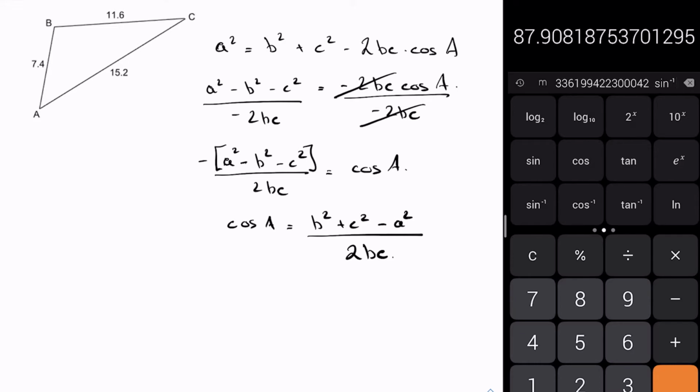So let's start with angle A, this guy right here. I'm going to plug in b squared, and this is b, this is c, this is a.